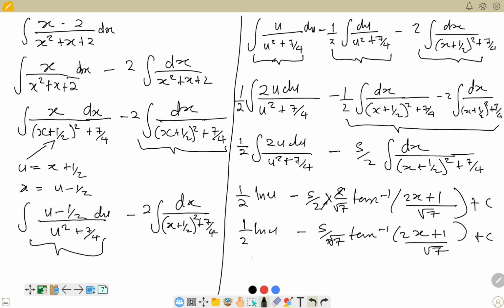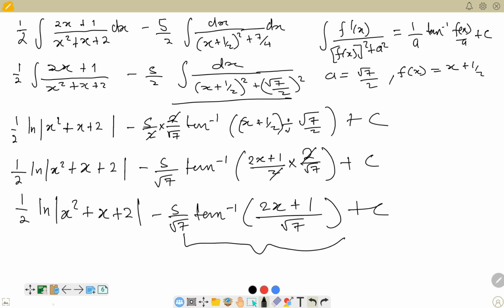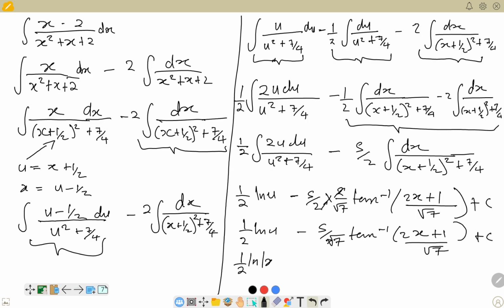Then we know that u is equal to x plus half. Oh, sorry, this is not ln u, it's ln of u squared plus 7 over 4.